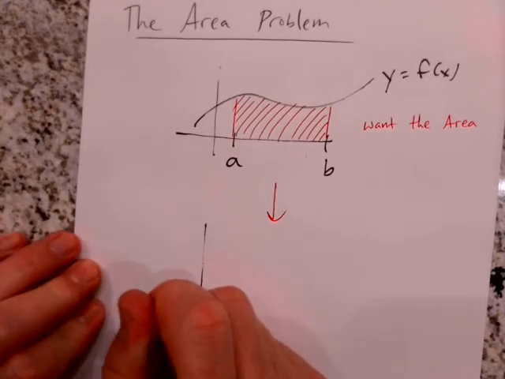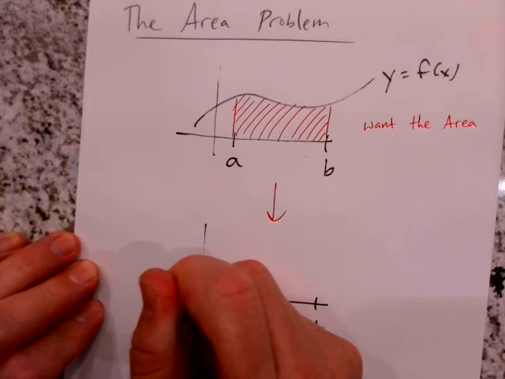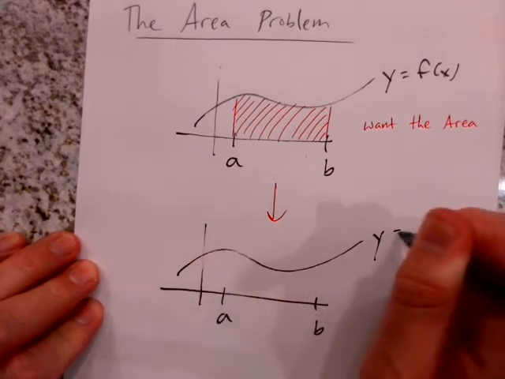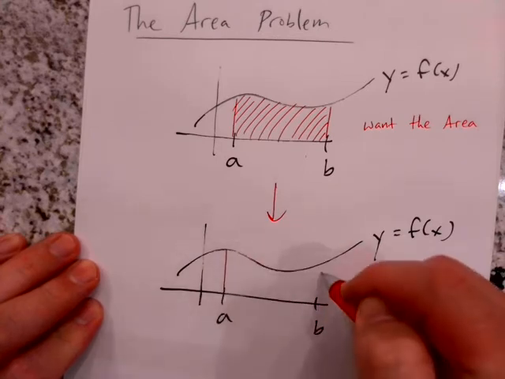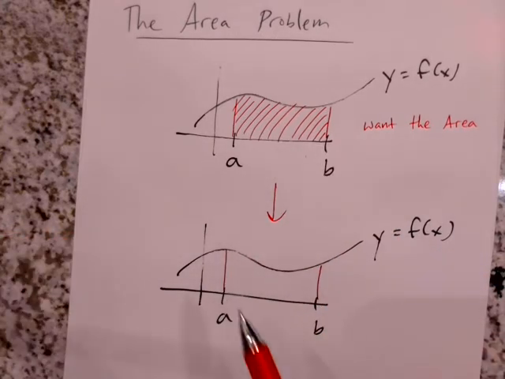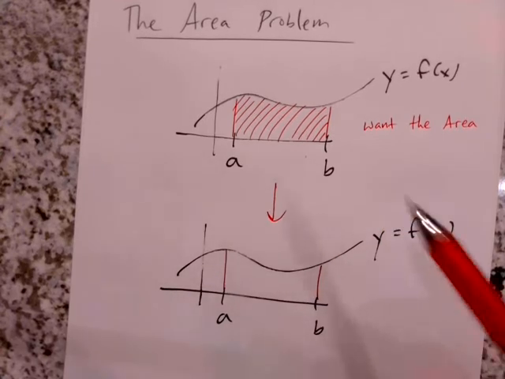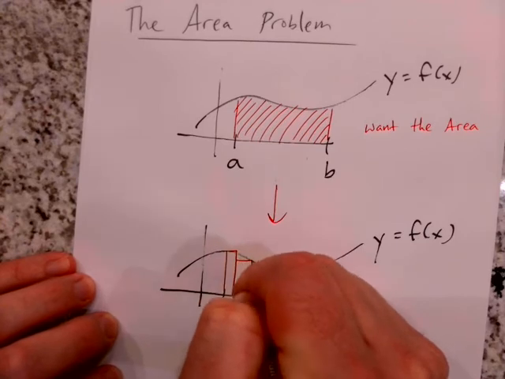So if I draw that same 2-dimensional region, right, it's the exact same, as you can see. We want this area. Well, there's no formula for that shape, so what we use is an easier shape to approximate it.